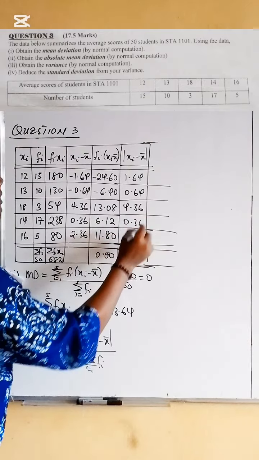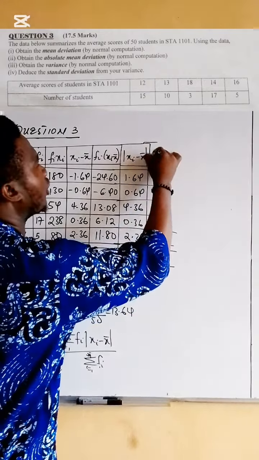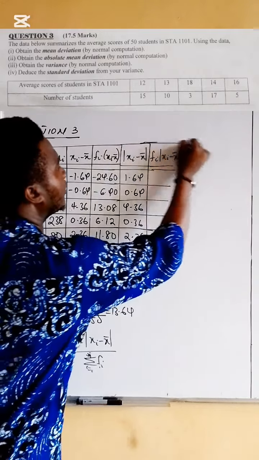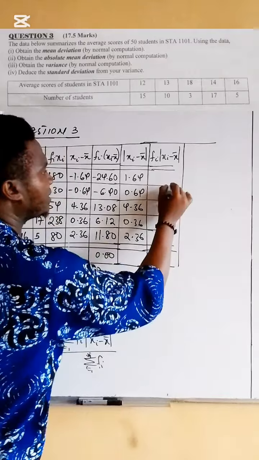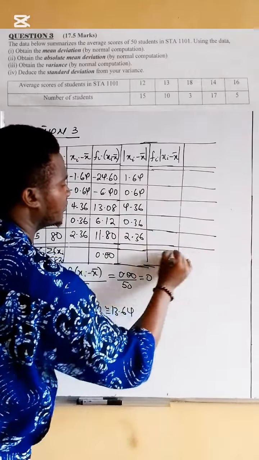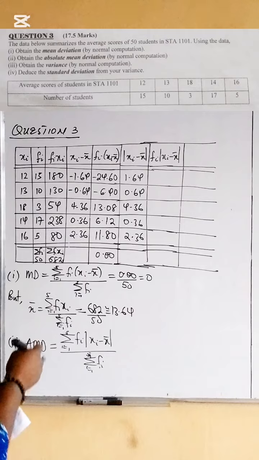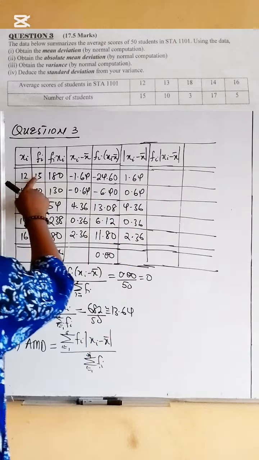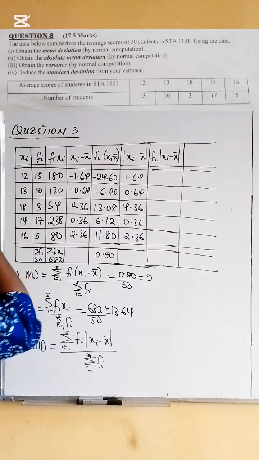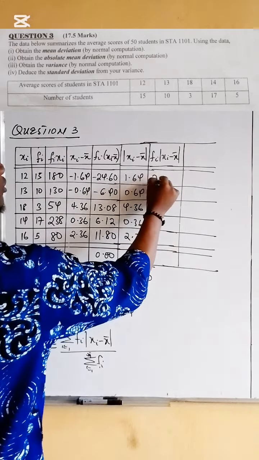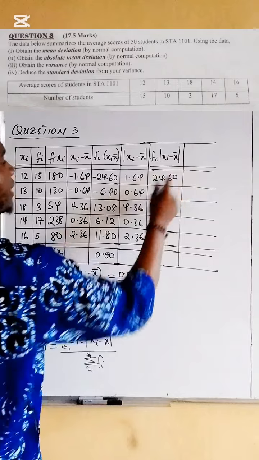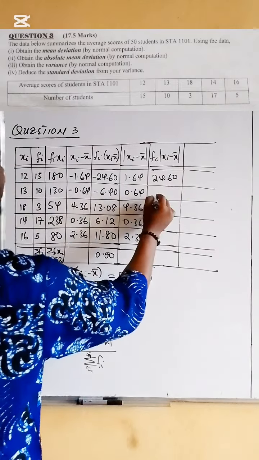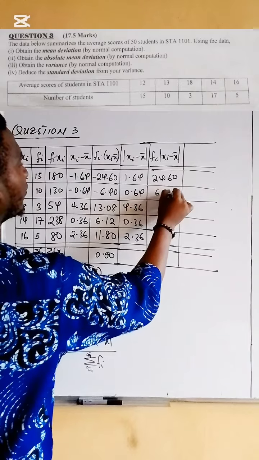So once you do that, we will now go over to a column called fi times the absolute value of xi minus x bar. So create this and let's get this done. So let's now multiply fi, which is 15, times 1.64. This will give us the same result, 24.60 without the negative. So 10 times 0.64 will give us 6.40.